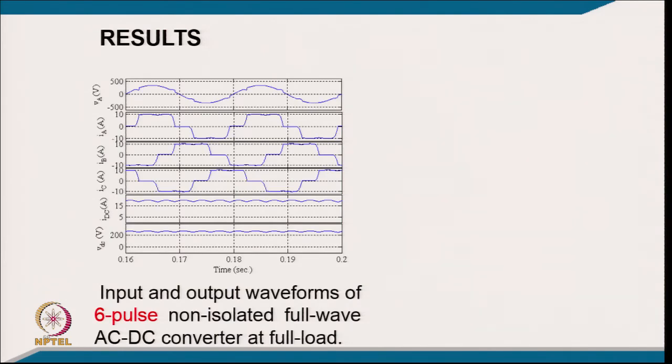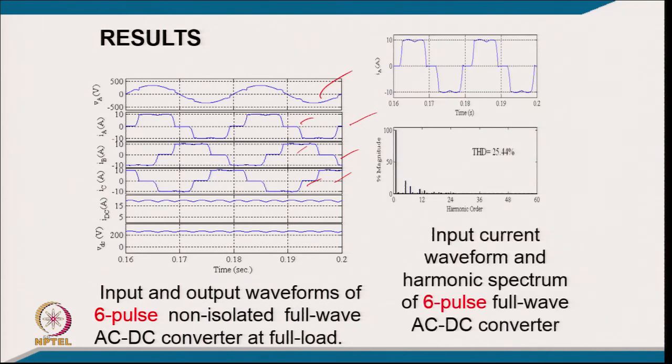And coming to the results for 6 pulse, how it looks: you have a supply voltage, and these are the different converters. Finally, you can find the supply current for A phase and B phase for 6 pulse, but you can see here that because of the leakage reactance, you will find a little notch in the voltage, and the current may not be so straight.